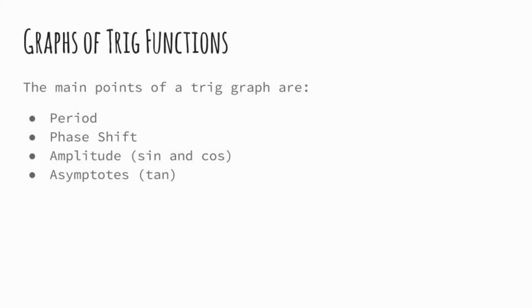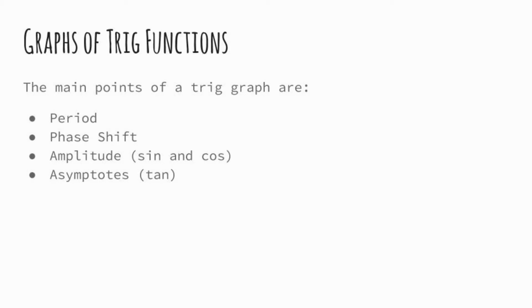The period is the length along x that marks how long it takes for the graph to complete one curve or cycle. Thinking about the unit circle, it takes an angle of 2 pi to go around the whole circle. So, for the basic sine and cosine, the period is 2 pi.